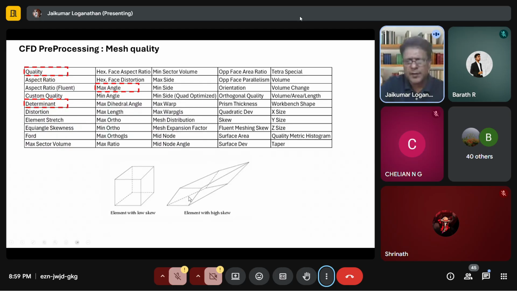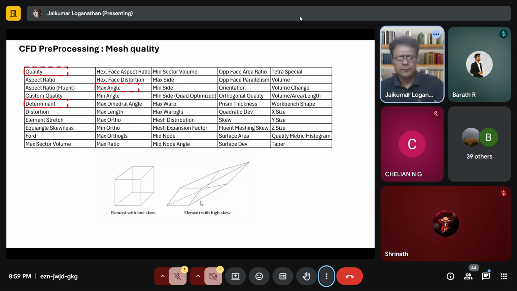If you look at these mesh elements, this is a nice cuboid, but if you look here, it's very highly skewed. If you look at this angle, we want the angle between these faces to be 90, but here it's less than 90, right? So you can also look at the angle between these faces. These are some of the metrics that are used to qualify a good mesh even before solving it, right?